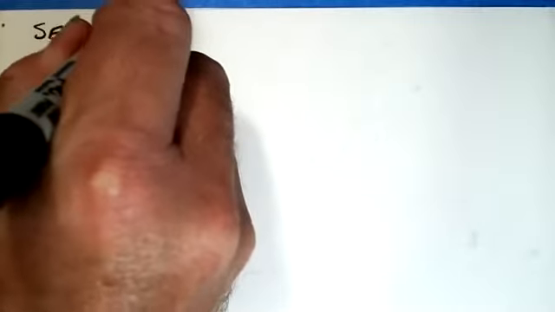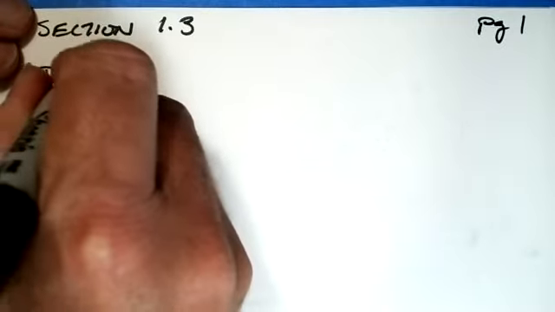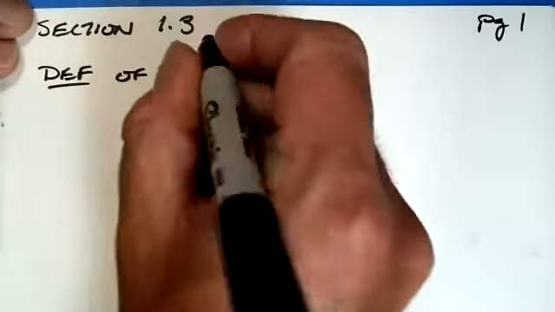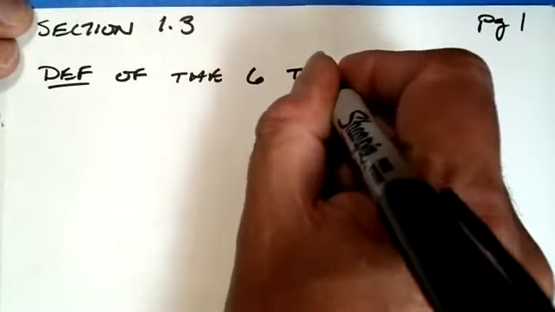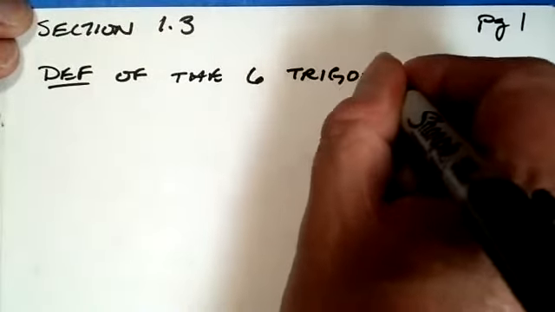So anyways, my guess is we can probably do this in 3 segments, but it may run a little bit longer than that. So let's start with the definition of the 6 trigonometric functions.